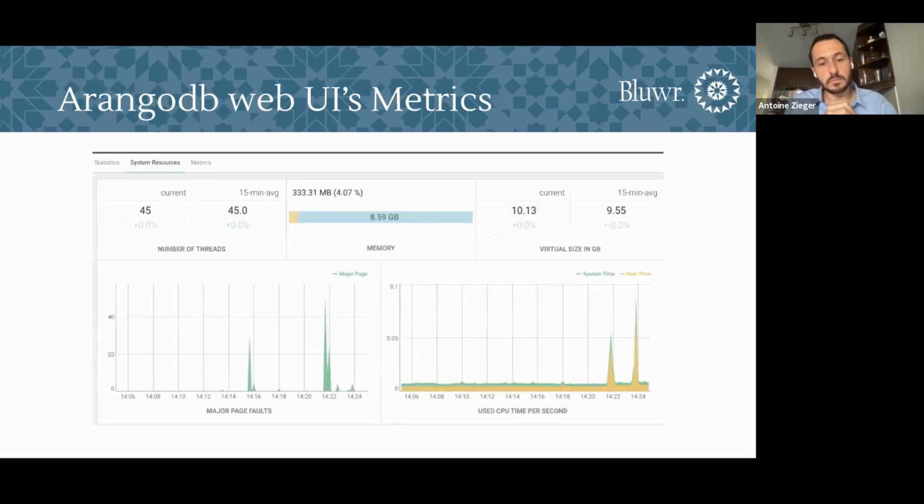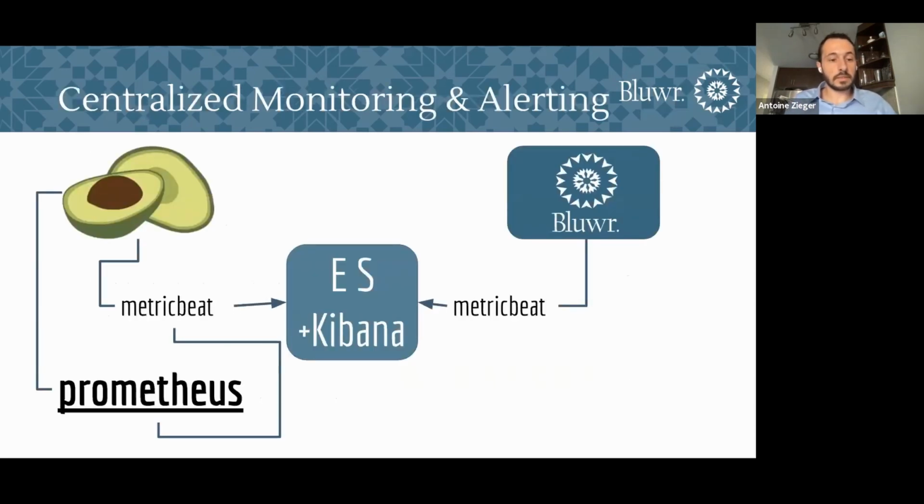We wanted to have all our metrics in one central place, which makes it easier to look for issues, not in many different places. So how did we do that? ArangoDB exposes its metrics through an API in a JSON format that is compatible with Prometheus.